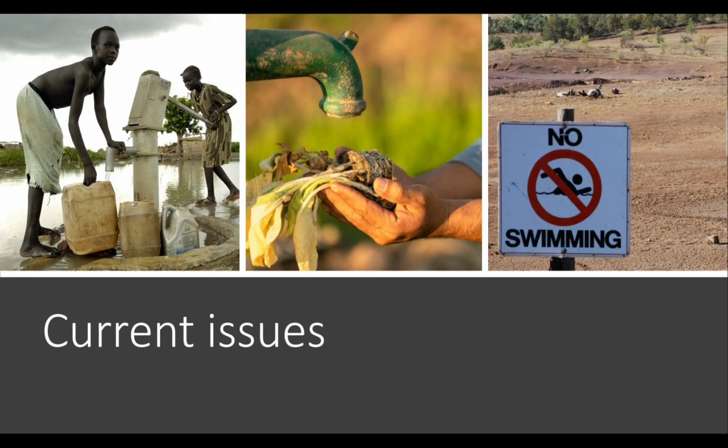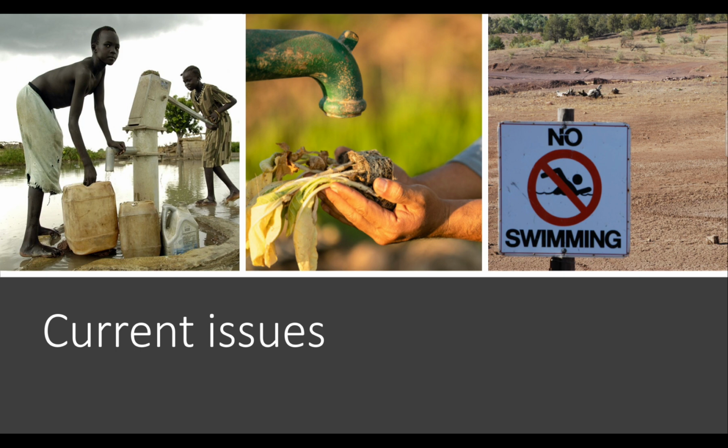You already know about all the current issues that we are facing in the world, especially in some countries. There are floods. In a lot of other countries there is very little water availability. The first photograph is from Sudan, the second photograph is from the farming community in Pakistan, and the third photograph, if I'm correct, is based on the drought in Australia. You see, no swimming.